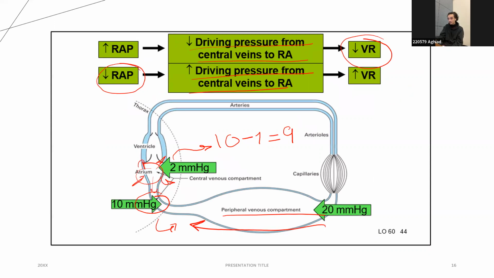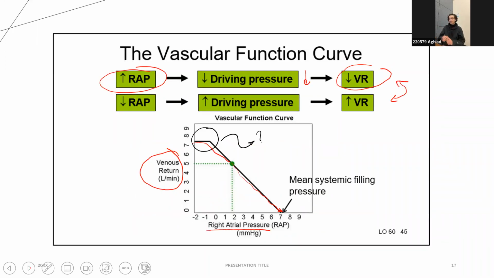And the higher the pressure, the lesser the driving force, right? If the venous pressure or the driving pressure of the veins, right, is the same. Now we'll talk more about this. We'll get into the nitty-gritty details, right? But for now, all you need to know is that there's a pressure that drives the blood from the veins to the heart. Is that clear? And this graph describes it. All right.